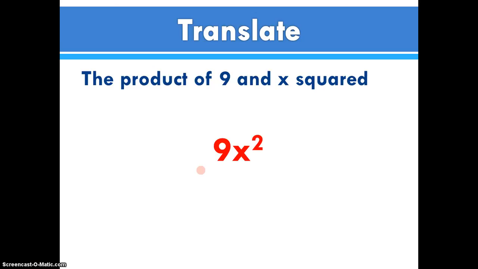And part of that has to do with one of the vocabulary words that we learned when we were talking about parts of algebraic expressions, that 9 is the coefficient of x squared. So in order for us to properly identify 9 as the coefficient, 9 needs to be in front of the x squared.